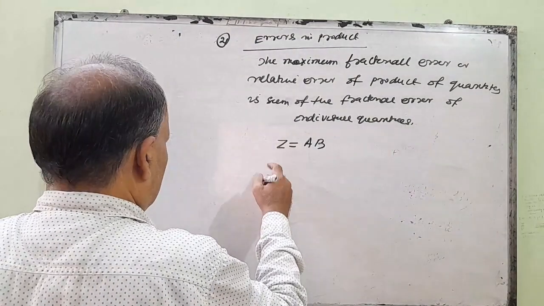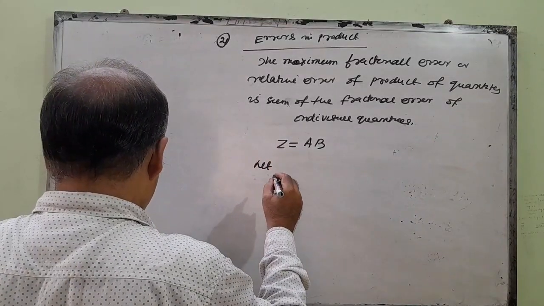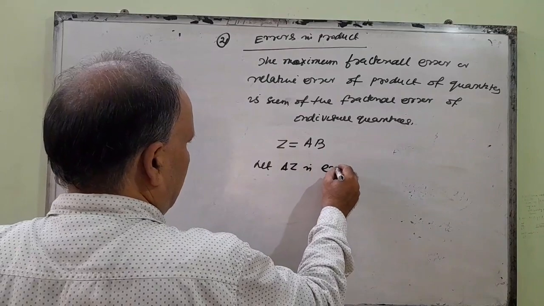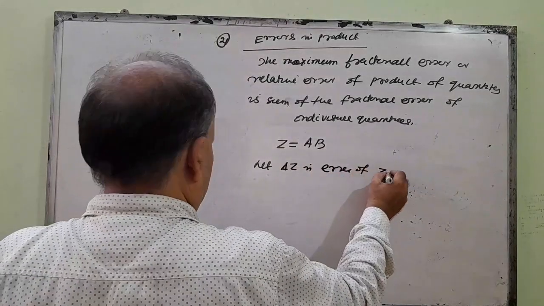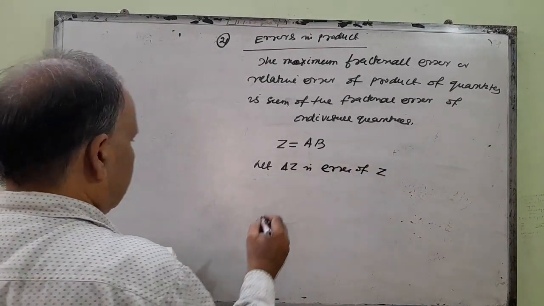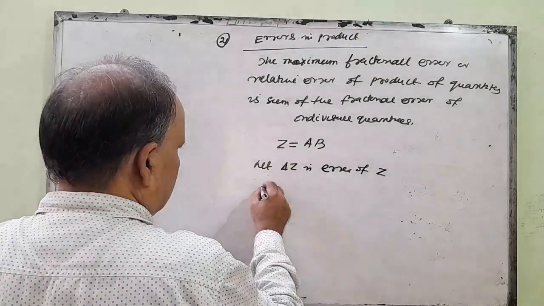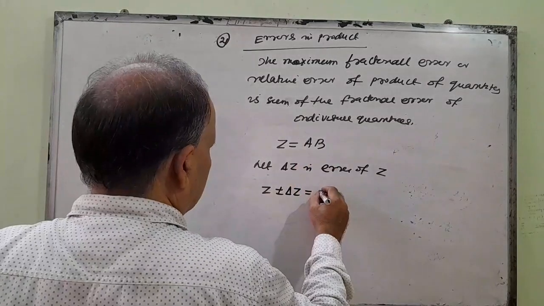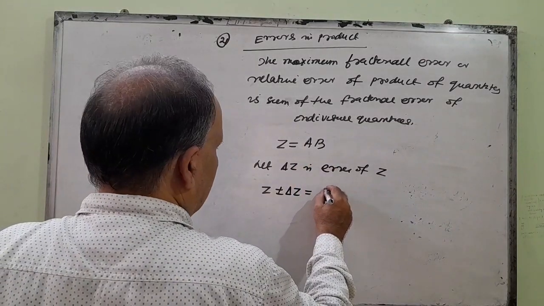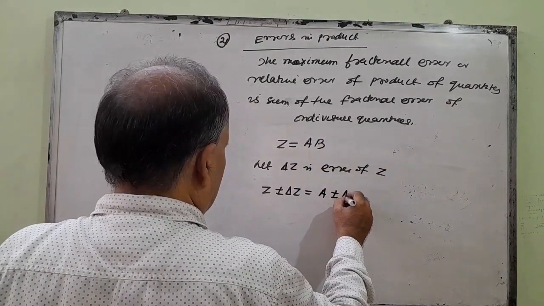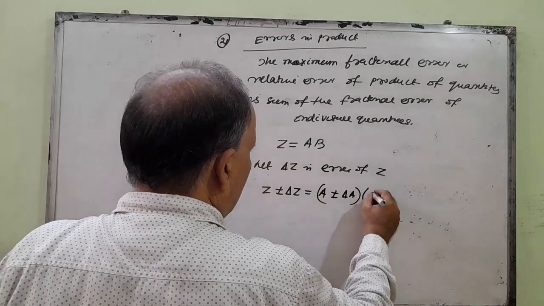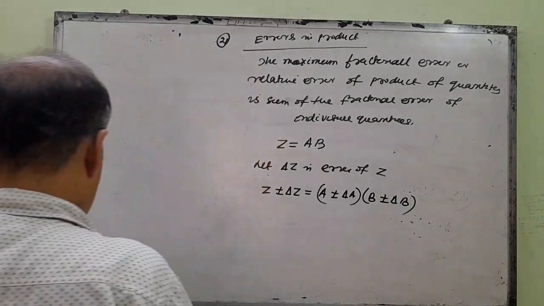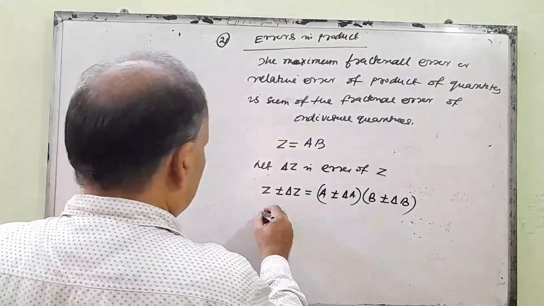But you can write delta Z is the error of Z. So I write Z plus minus delta Z is equal to, I can write, A plus minus delta A into B plus minus delta B. Now we multiply.